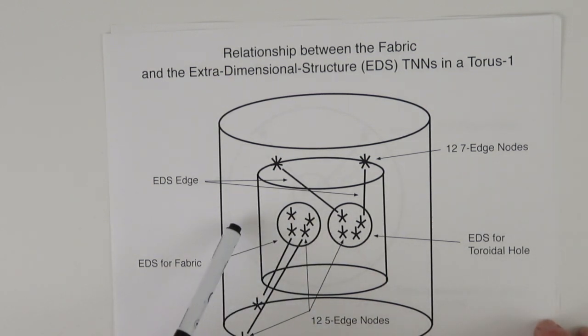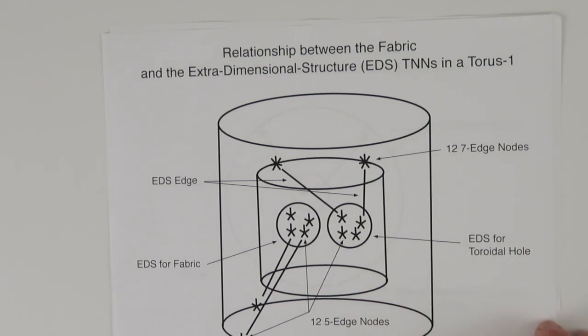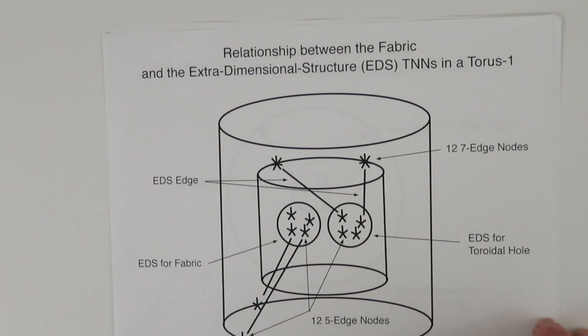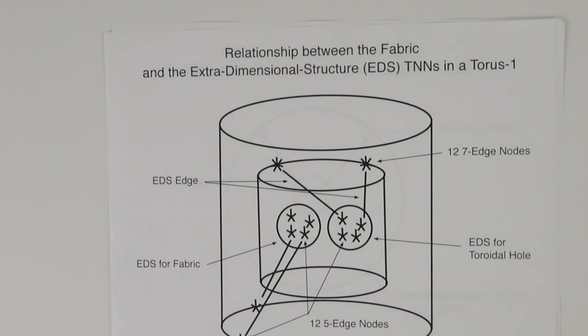Of course, it could be here, but then this EDS would have to be operating completely alone. But if the two EDSs are connected, there's the question of how an EDS edge from the torus 0 can get through the structure, the fabric of the toroidal hole. And that brings up the question of how pipes pass each other, because at the second level of structure of the EDS edges, there'll be pipes, and so you have the question of how does one pipe pass through another.